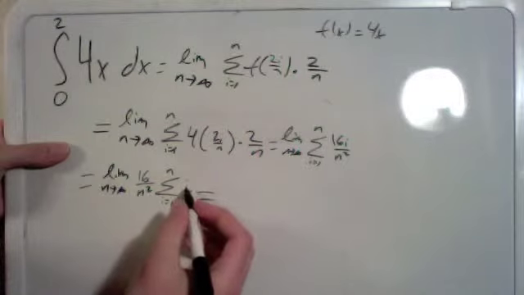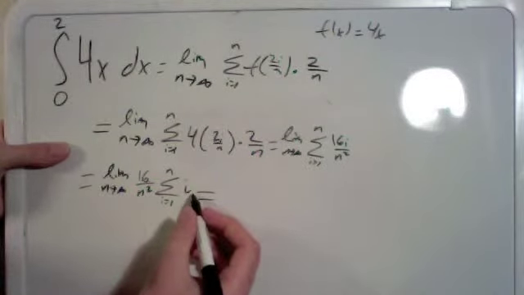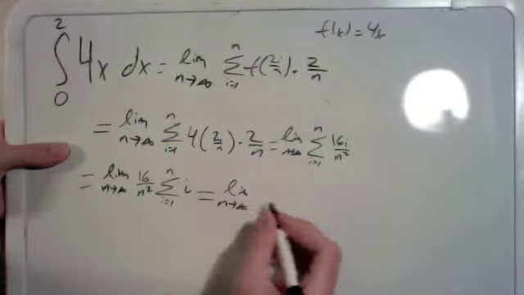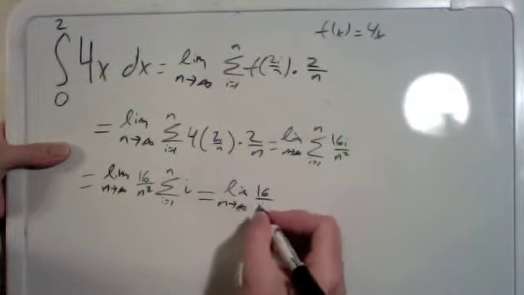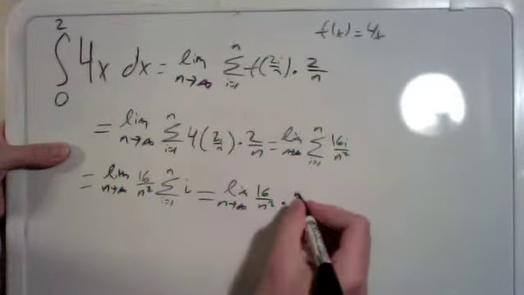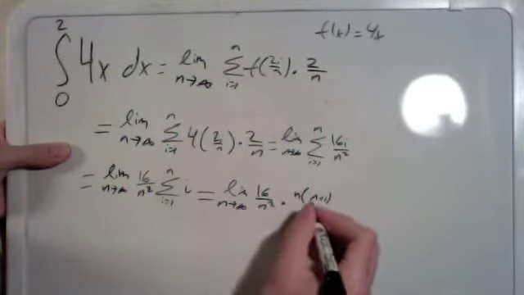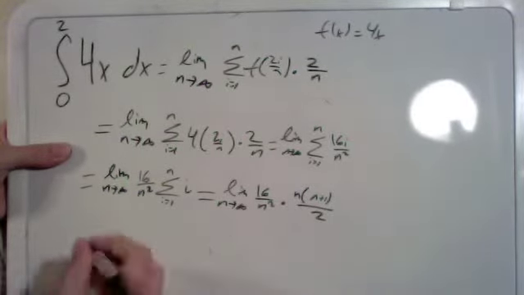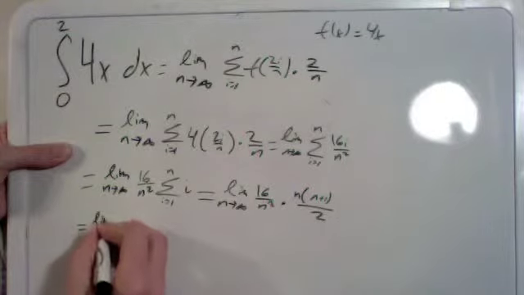So this is equal to 16 over n squared times the summation of i, which is equal to n times n plus 1 over 2.